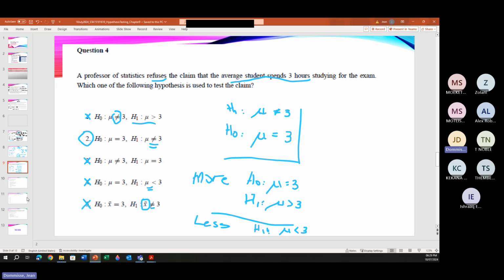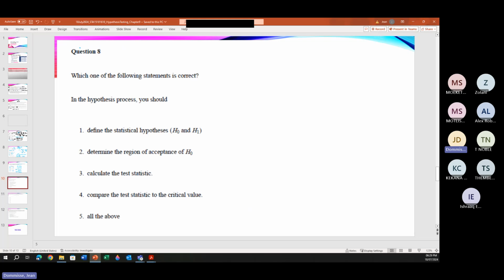Okay, and then another theory question. So which one of the following statements is correct? And then they ask us about the hypothesis process. Okay, so in the hypothesis process, you should define the statistical hypothesis, null and alternative.